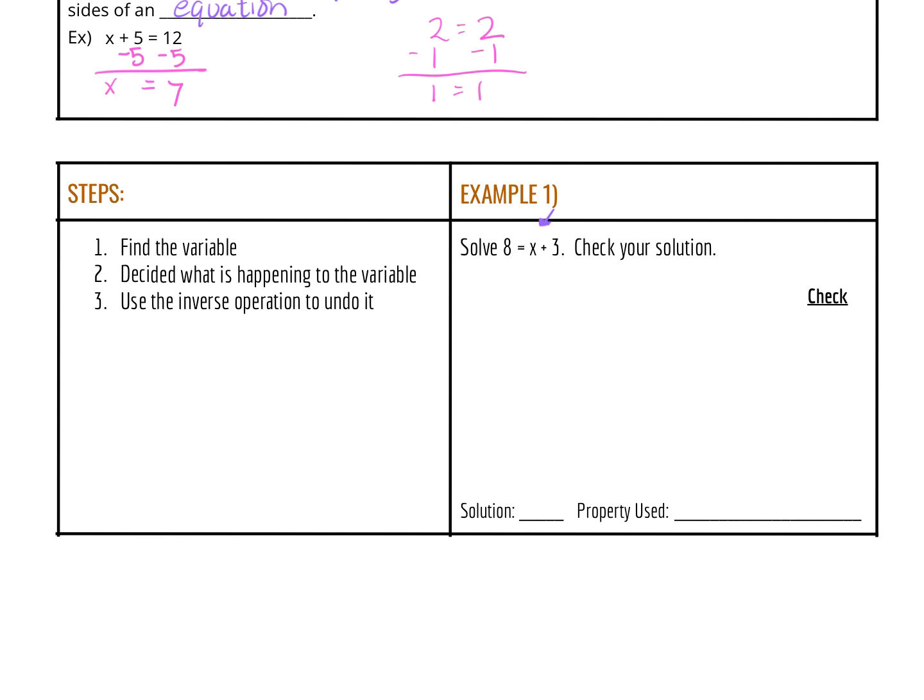So I see that it's adding 3, or we can think of this as a positive 3. So to undo it, we're going to subtract 3 from the right side, and then I'm going to subtract 3 from the left, okay? So this we call a zero pair. 3 minus 3 is 0, so that goes away. I could put a 0 here, but it's unnecessary, right? Because x plus 0 is just x.